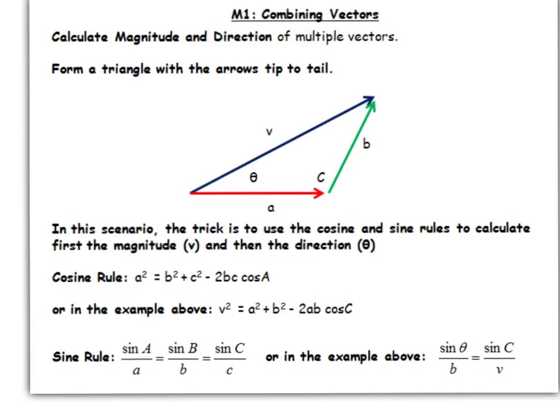That's something we can use a bit later on. And then we've also got the sine rule, which is something like this. So sine C, and the side opposite C is V, so it's sine C over V. And we've got theta, and the side opposite theta is B, so it will be sine theta over B. Again, this relationship will prove useful in a second. So let's look at a worked example with these.